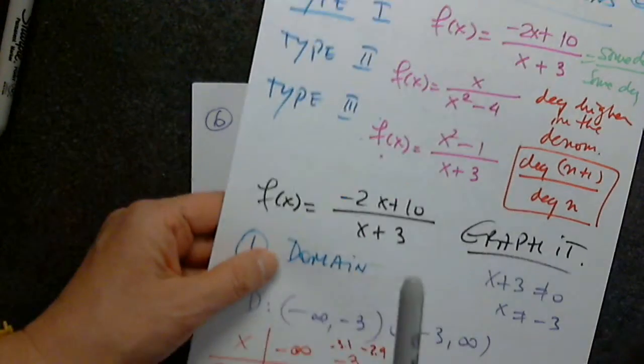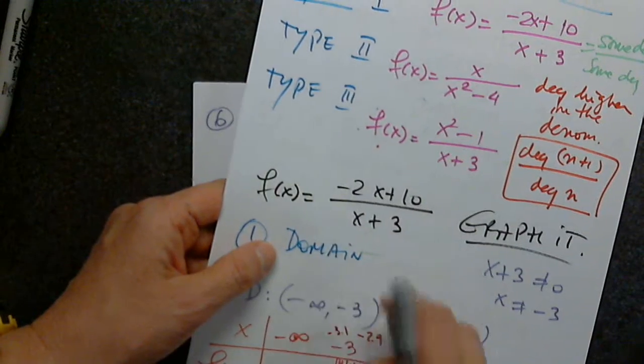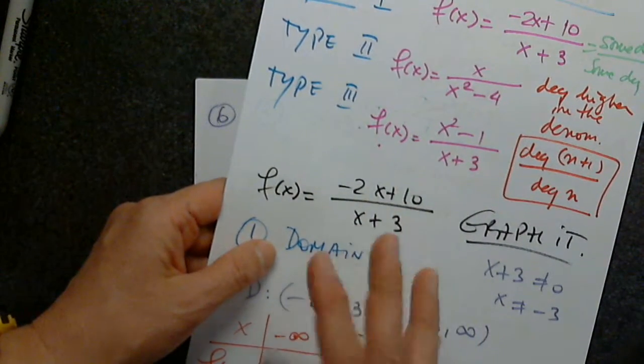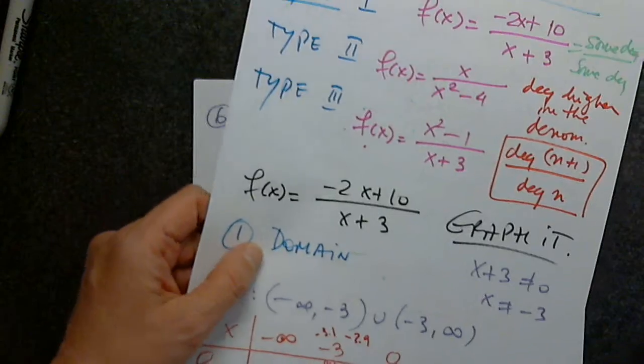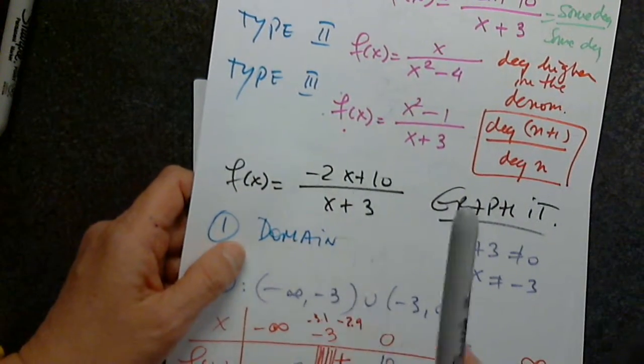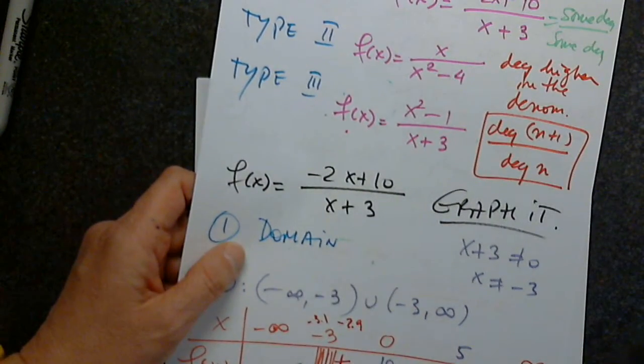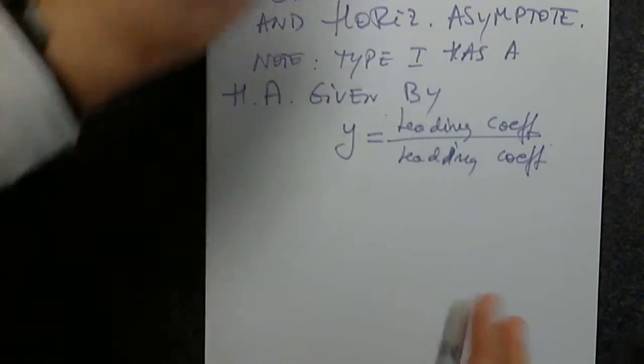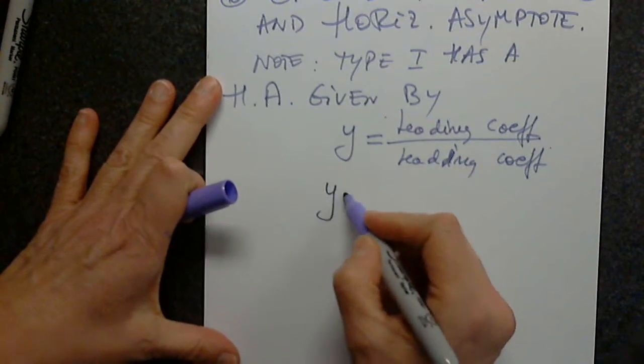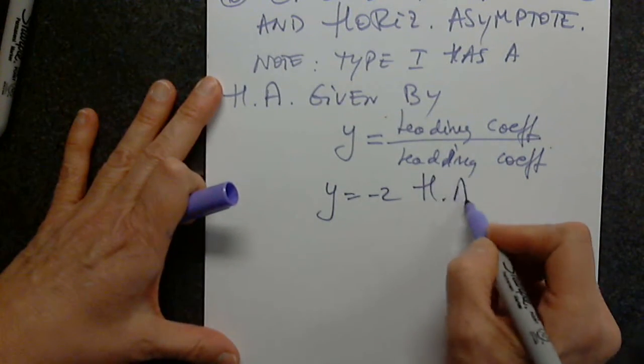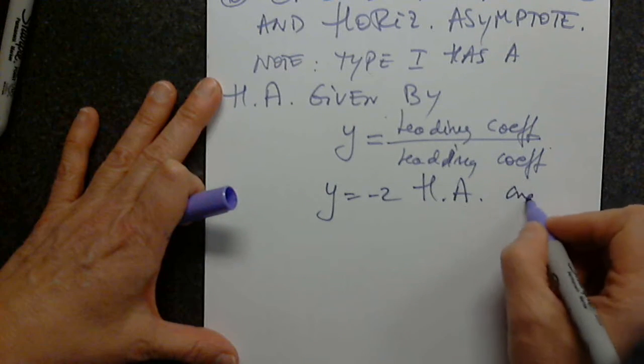Can anyone give us the leading coefficient of the bottom? Remember, they have to be in a descending order, otherwise we will not be able to identify correctly. 1. How much is negative 2/1? Negative 2. So in our case, y equals negative 2 is the horizontal asymptote.